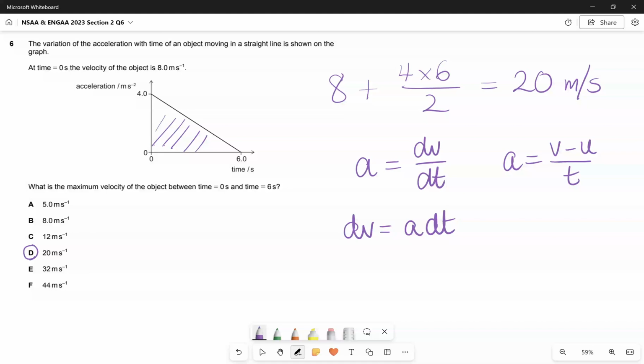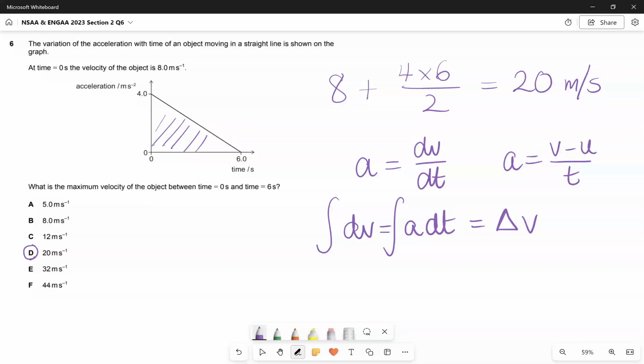So when you work out your a dt and then add them, i.e. integrate, this only tells you your change in velocity because you've added up all your changes in velocity. So the first change in velocity, then you add the second change, then you add the third change, and so on and so forth. And they're all infinitesimal quantities. But nevertheless, you're adding changes in velocity.